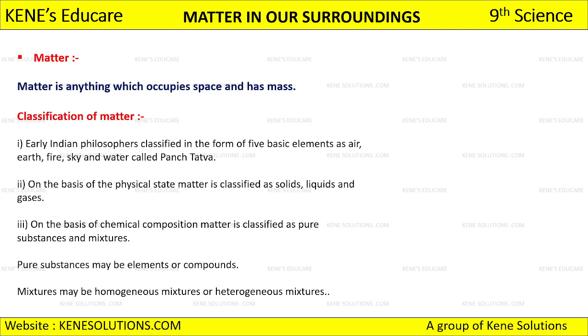On the basis of chemical composition, we can classify it as pure substances and mixtures. A pure substance can either be an element or a compound, and mixtures can be homogeneous or heterogeneous, right?